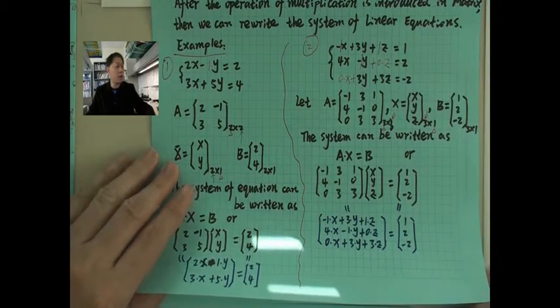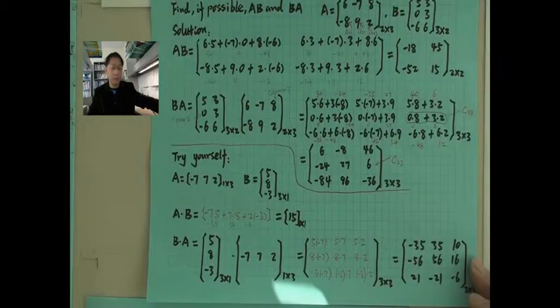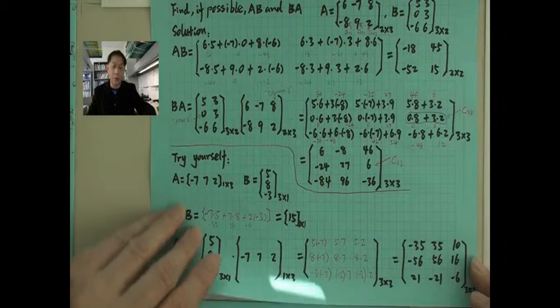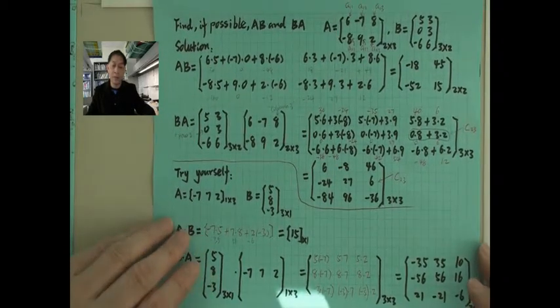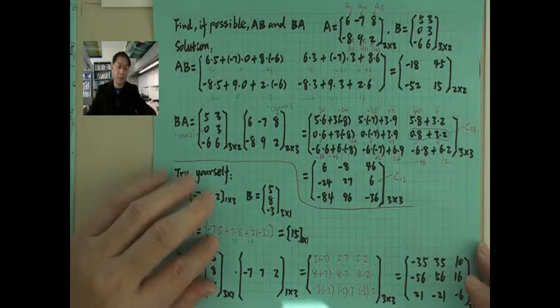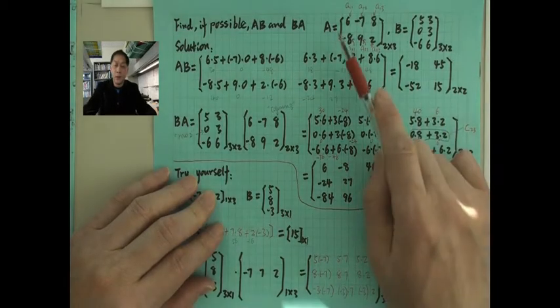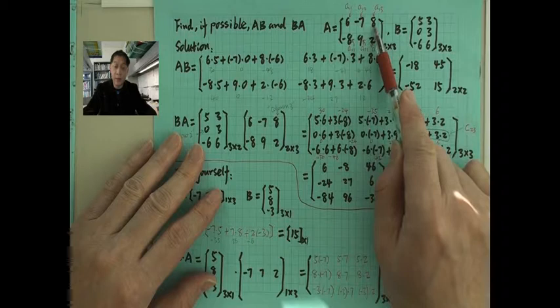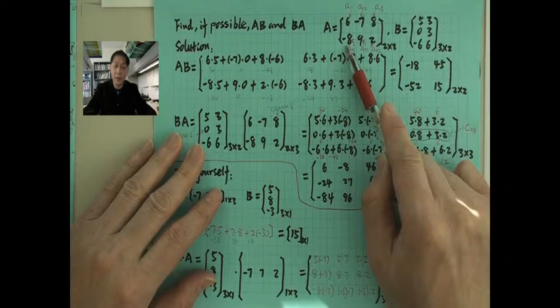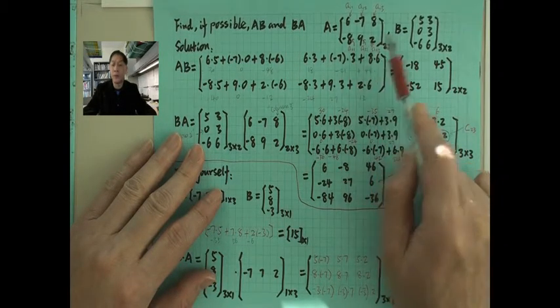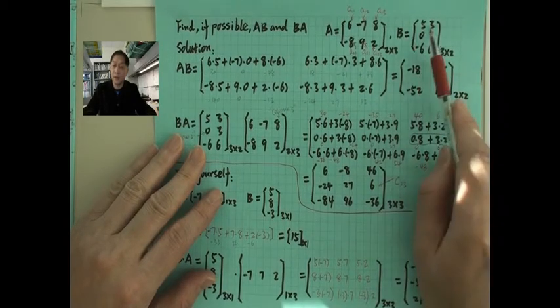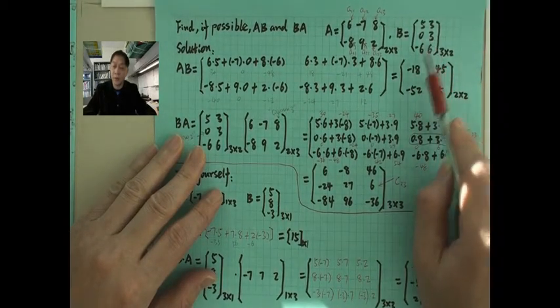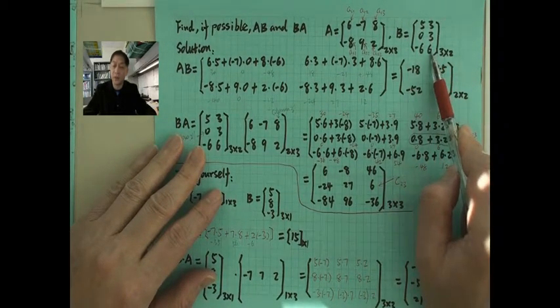Now let's look at some examples. Look at this one. We are given two matrices. One is A: first row 6, negative 7, 8; second row negative 8, 9, 2. We are given B: 5, 3, 0, 3, negative 6, 6.